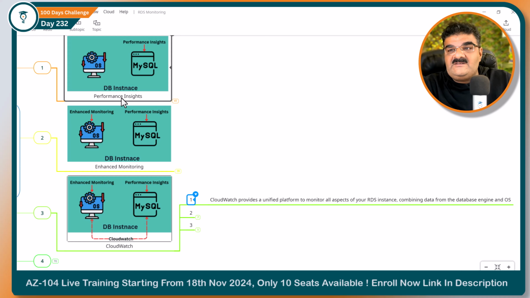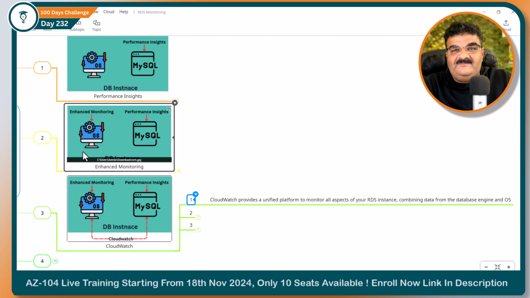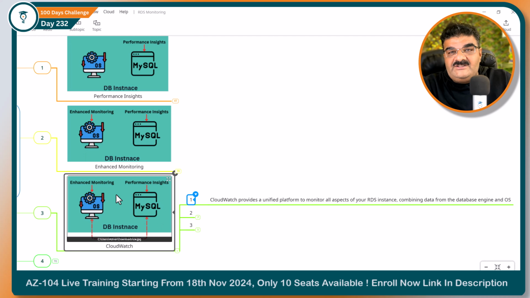We already discussed Performance Insights, which is used to monitor performance metrics related to your database engine. Enhanced monitoring is used to monitor the operating system of your database engine. But CloudWatch is used to monitor both.